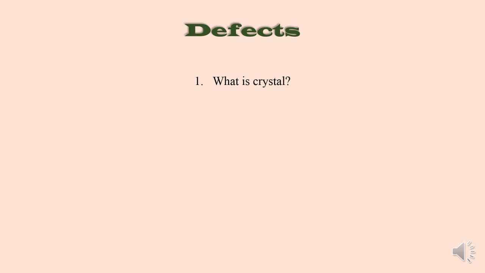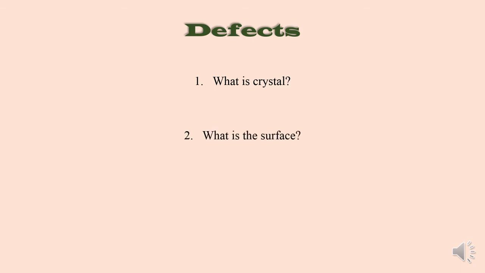First question, what is a crystal? A crystal is a regular arrangement or regular array of atoms. We have assumed that this array of atoms is perfect, so it is an ideal crystal. But in real life, nothing is ideal. That means a silicon single crystal is also not an ideal crystal.